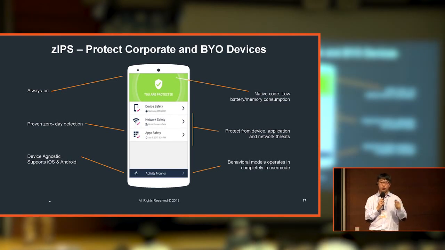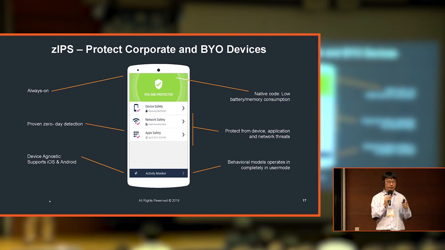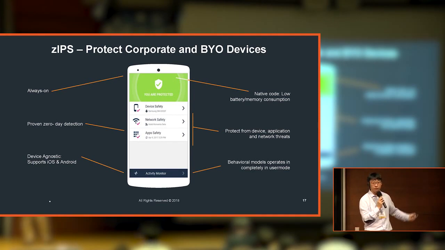It uses very little power, maybe 1% over 24 hours. It watches for behavior anomalies, and over the last 3 years we have detected all the zero-day exploits and vulnerabilities that have been published, without updating the engine. We will provide support for Android and iOS.